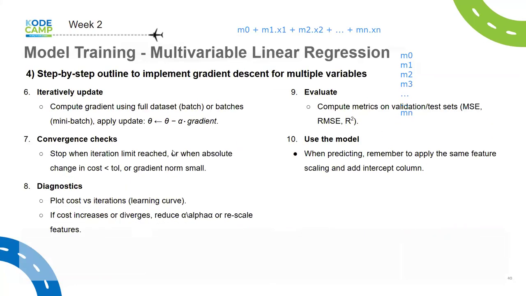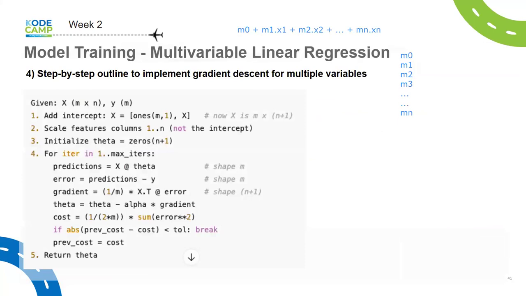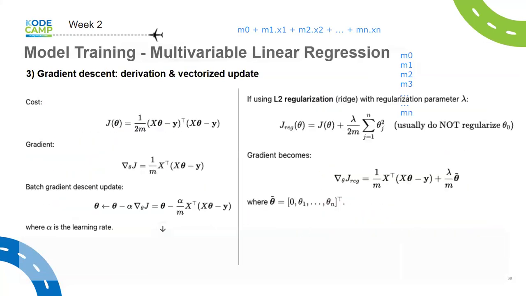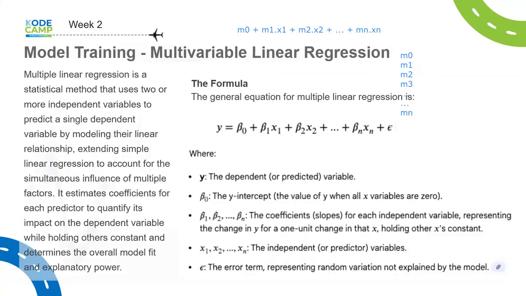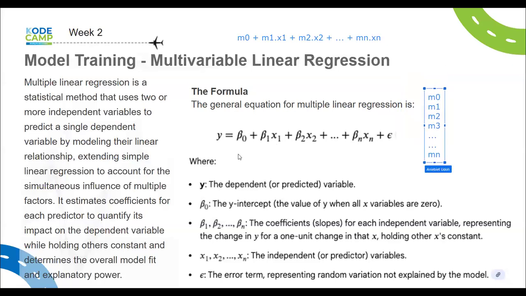We're going to go into some of this when we talk about the vectorization. So I just want to show you the generic form. In this generic form, you now see that instead of using M0, M1, M2, like I did, as the letters that represent the coefficients or the parameters, here they're using beta.